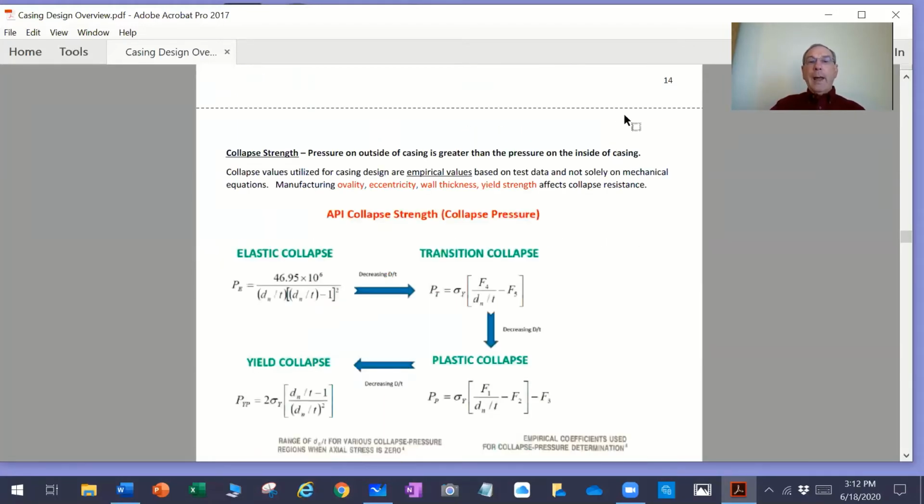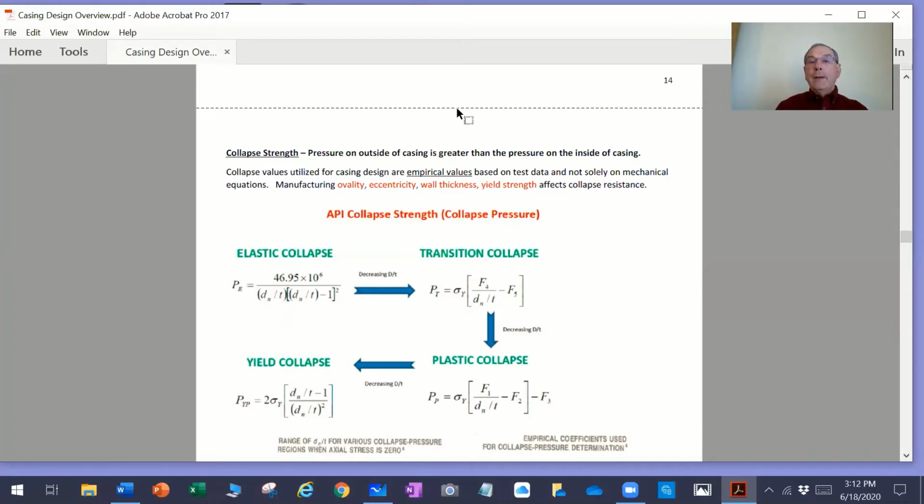All right, now collapse is when the pressure on the outside of the casing is greater than the pressure on the inside of the casing. Now, collapse values utilized for casing design are empirical values. When I say empirical values, it means that you cannot always derive the number.